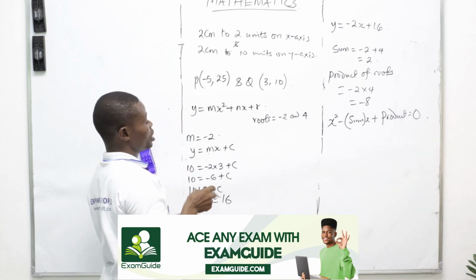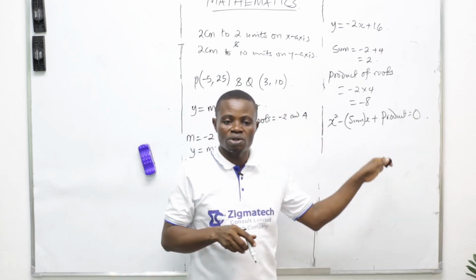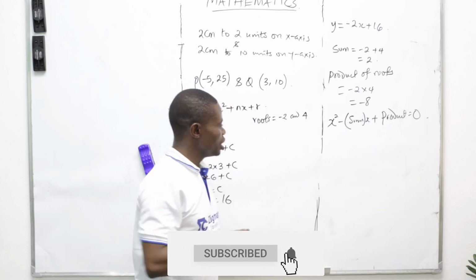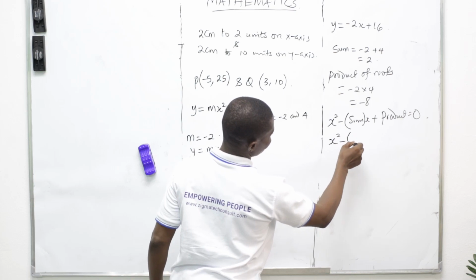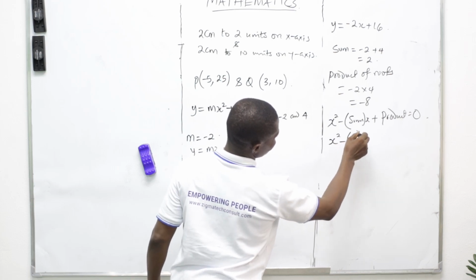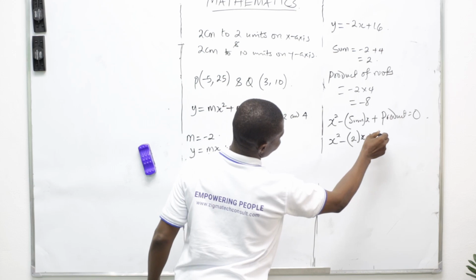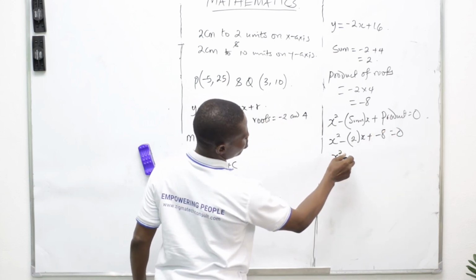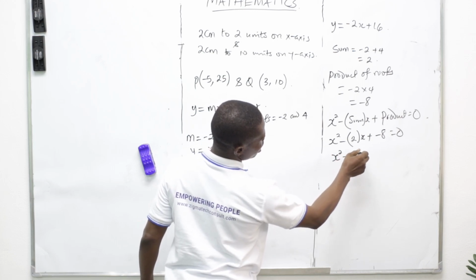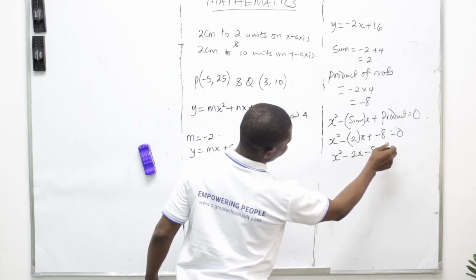Now you have this. Remember, who is the owner of this equation is y equals. Now, x squared minus bracket sum. What is sum? 2 into x plus product. Product is minus 8 equals to 0. That is x squared minus 2x minus 8 equals 0.